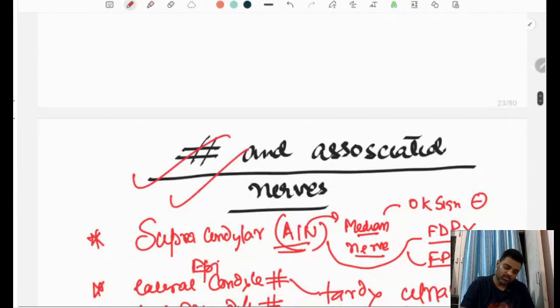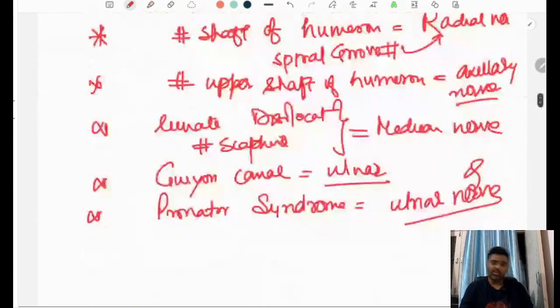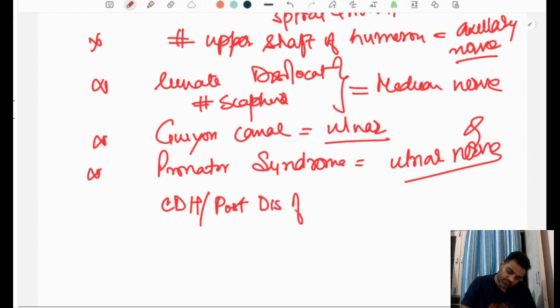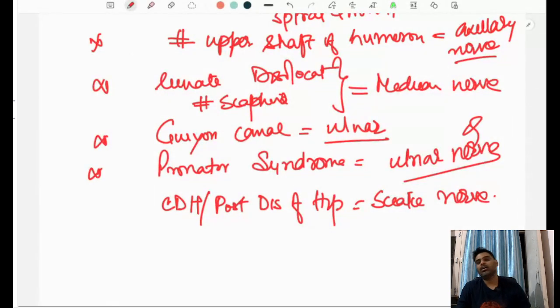Now, in cases of posterior dislocation of the hip, the most common nerve involved is the sciatic nerve.